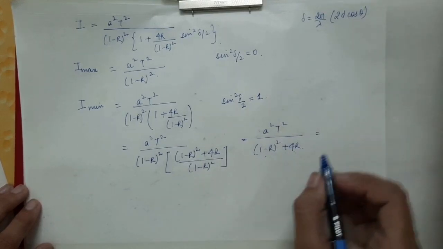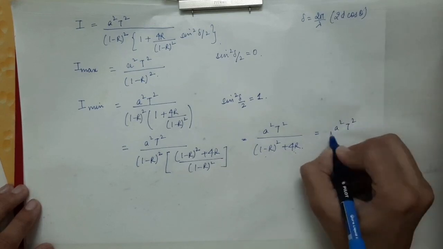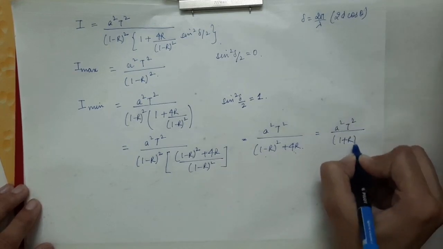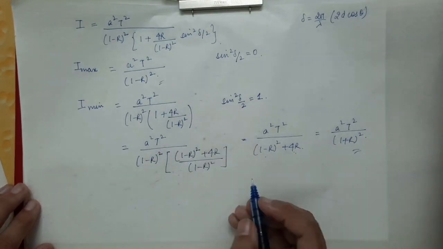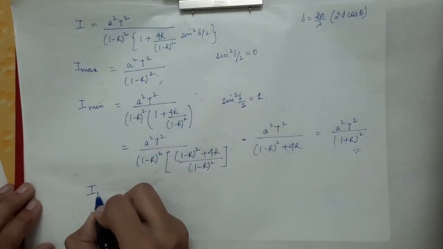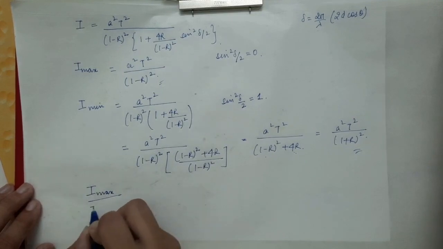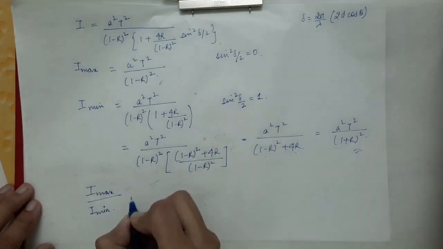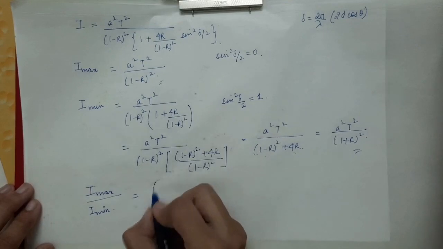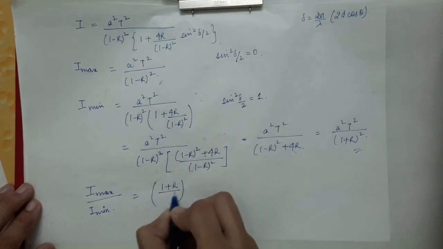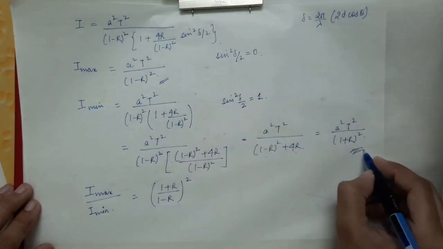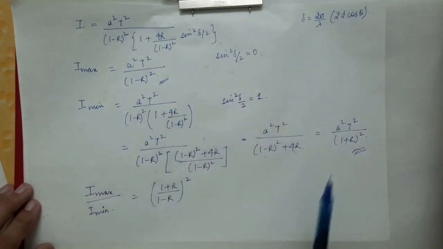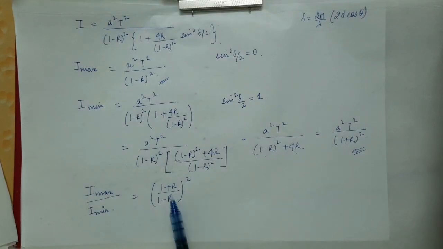And when you evaluate this denominator, you will get a square t square over 1 plus r whole square. So this will be the minimum intensity, and here we have maximum intensity. So what will be the ratio of maximum intensity over minimum intensity? It will be equal to 1 plus r over 1 minus r whole square. So using this formula, when you find the ratio of I max and I minimum, you will get 1 plus r over 1 minus r whole square.